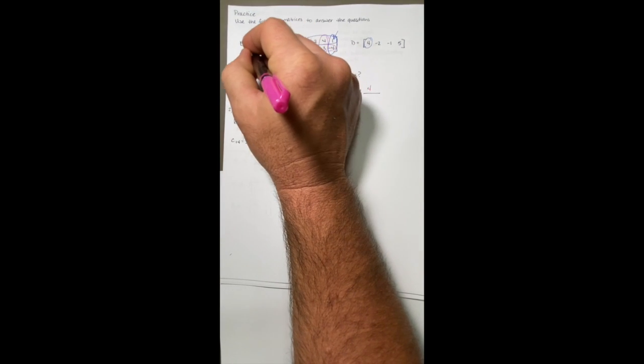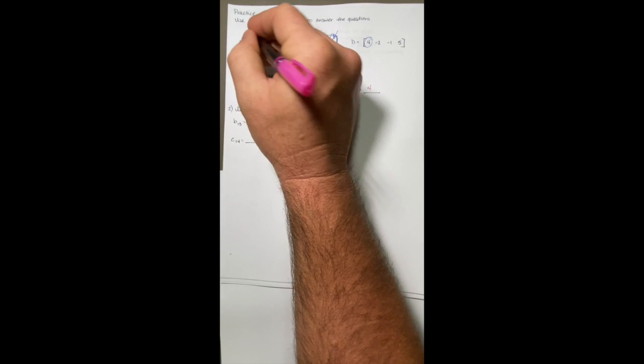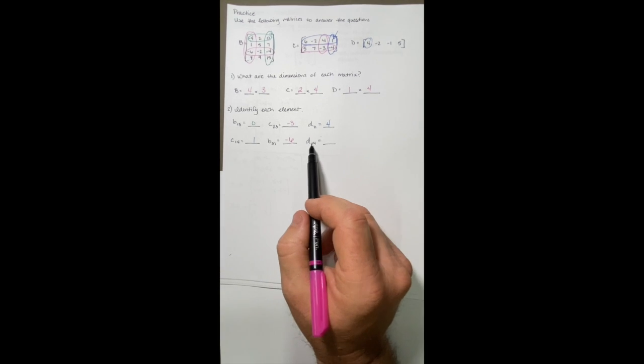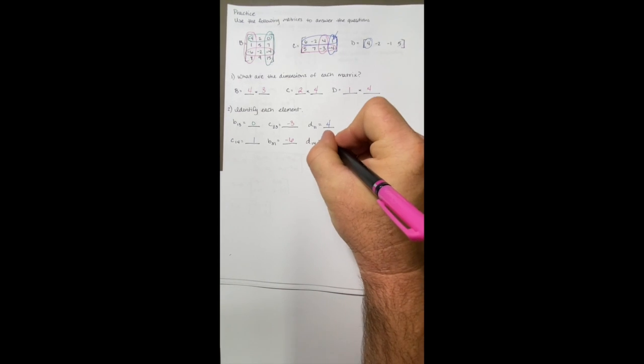Row 3, column 1, negative 6. And then the last one, D, row 1, column 4. Row 1, column 4. So hopefully you're kind of getting it. This is going to be how your quiz is going to look. You're going to need to do things like this.